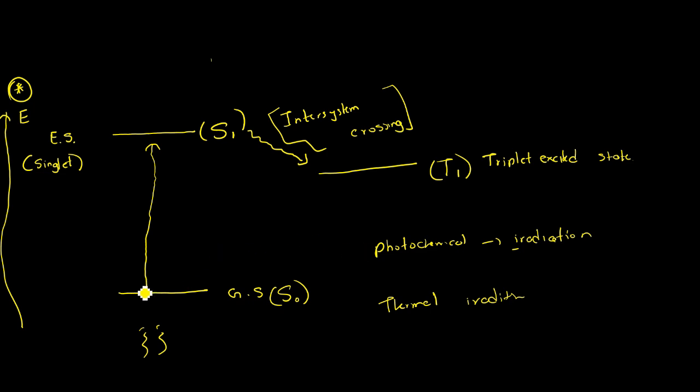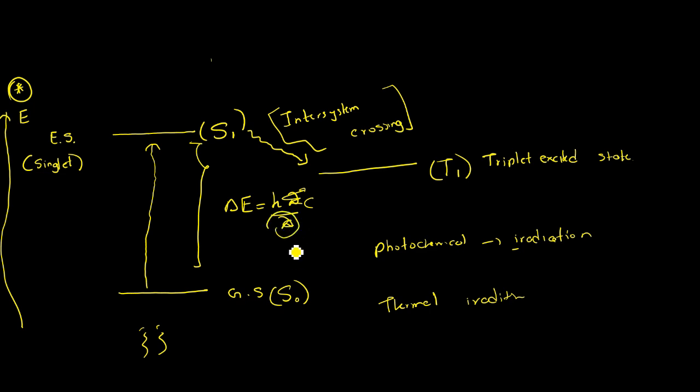But you know, for an excitation to happen, for a transition from ground state to this singlet excited state, we need a photon exactly matching this energy difference. This photon has a specific wavelength, lambda.